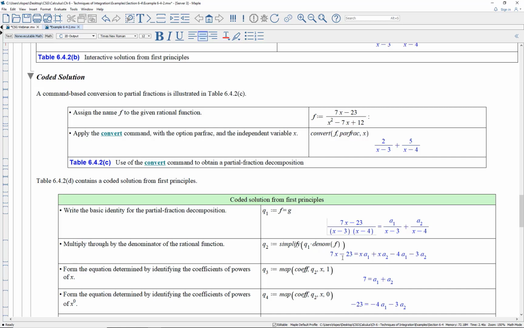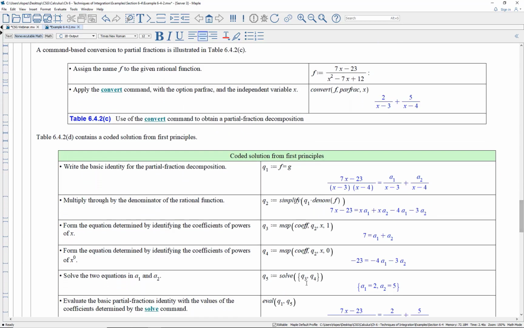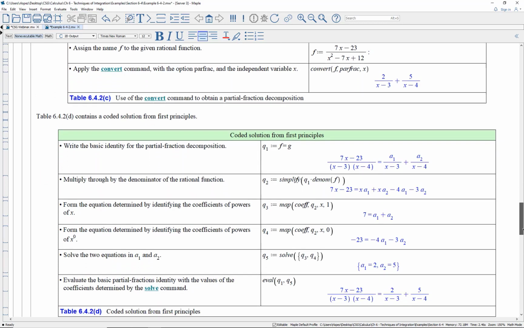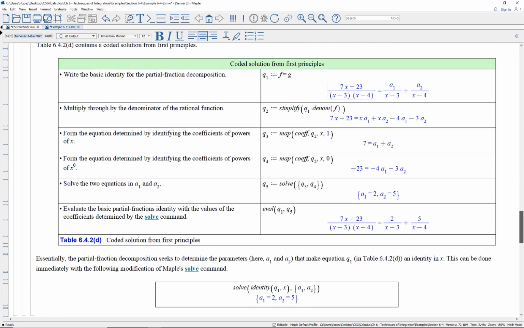And since this is an equation, you have to map that coefficient command onto both sides of the equation. Those are the two equations you have to solve, so you get it with a solve, and the eval command will take this equation here and evaluate with respect to these two equations, a1 equals 2, a2 equals 5, and you get the decomposition.